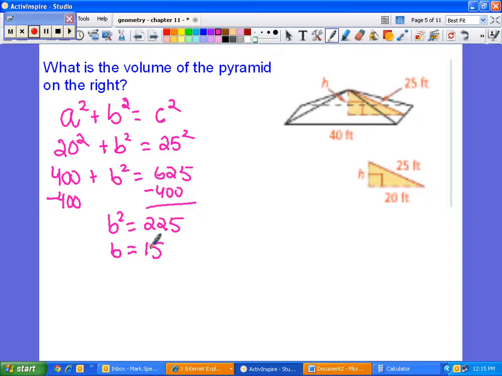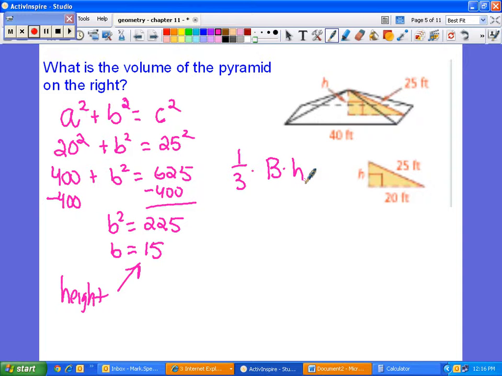Okay, so now you know the height. So this b, that's the height. Now you go to your formula, 1/3 times area of the base times the height.